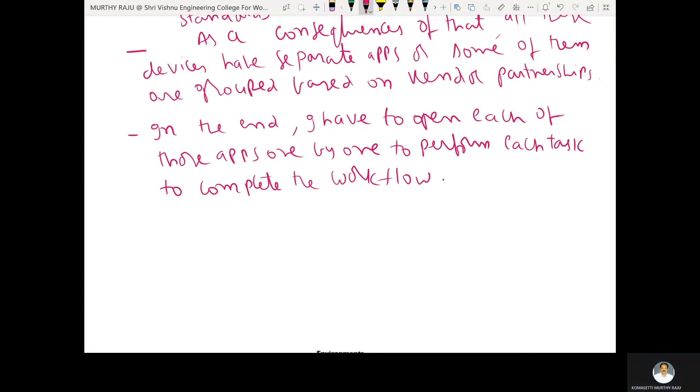I cannot have any common dashboard, common area, or common app from where I can monitor all appliances.